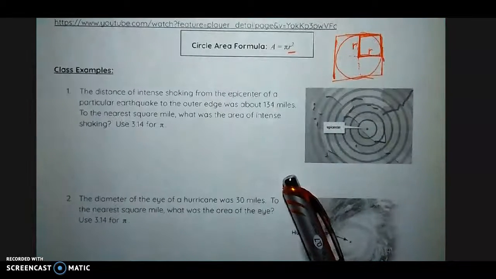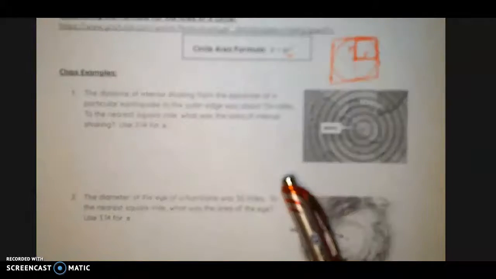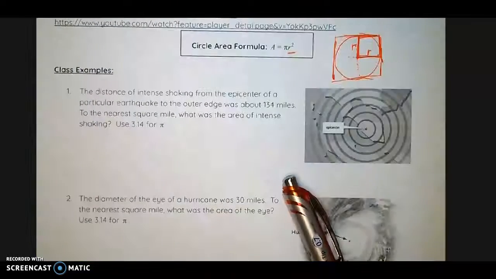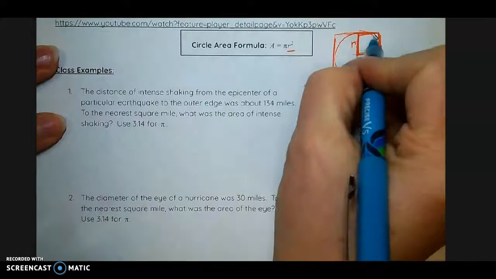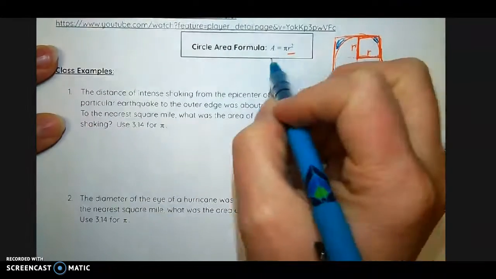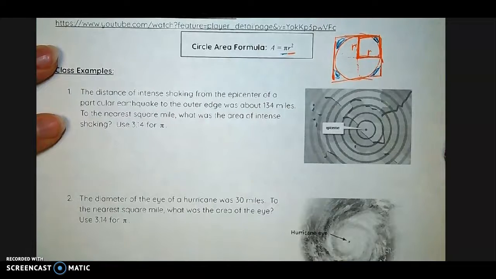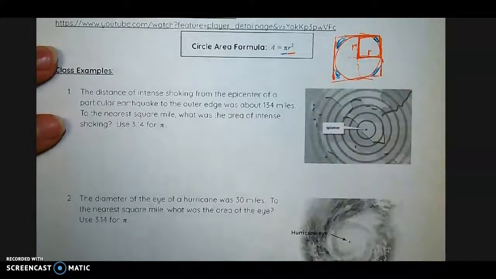Well, if I were to multiply it times 4, then I would have all those extra pieces. I don't want those extra pieces because, as you can tell, the circle doesn't fill those in. So that's where my beautiful ratio of pi comes in. So instead of multiplying by 4, I multiply by something pretty darn close to 4, 3.14, and that is how I find the area of my circle.